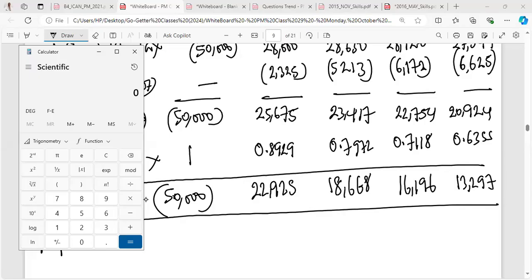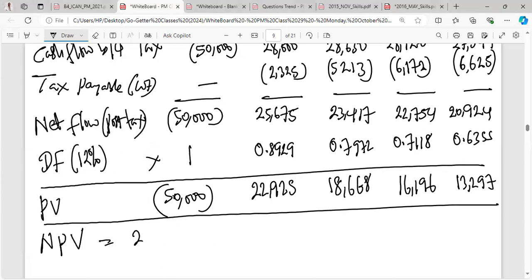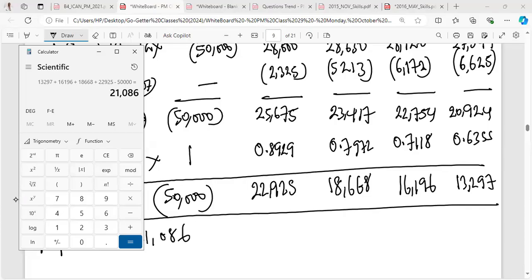I'll start from back to front, or from right to left. 13,297 plus 16,196 plus 18,668 plus 22,925 minus 50,000. That gives me 21,086. NPV is 21,086.